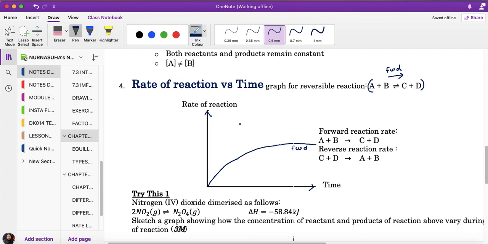So untuk reverse reaction, dia daripada maximum, dia curve, dia akan berkurang sampai satu tahap, dia akan jadi straight line.